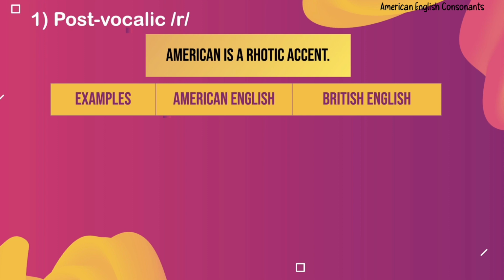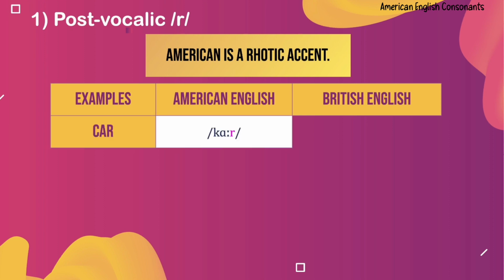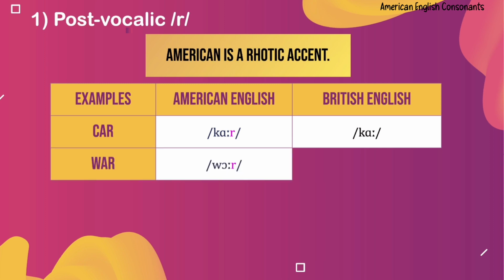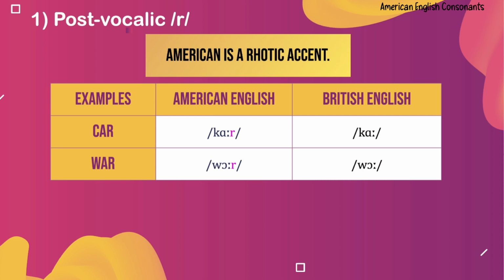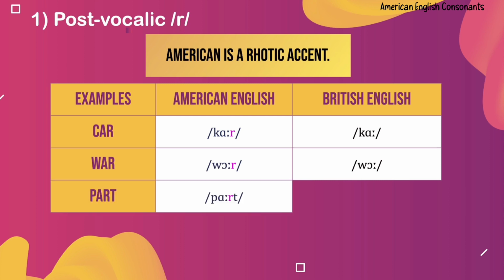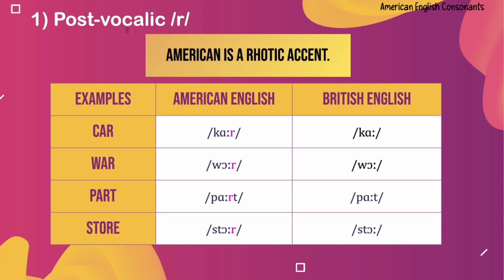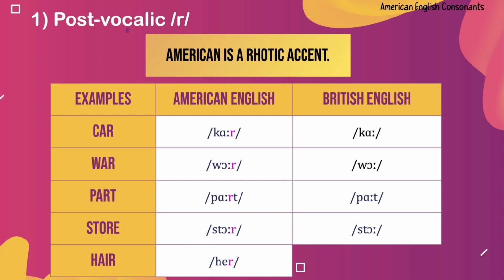For example, car, war, part, store, hair.